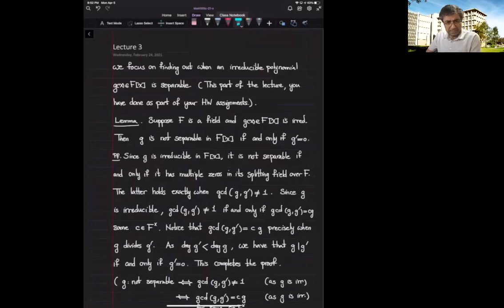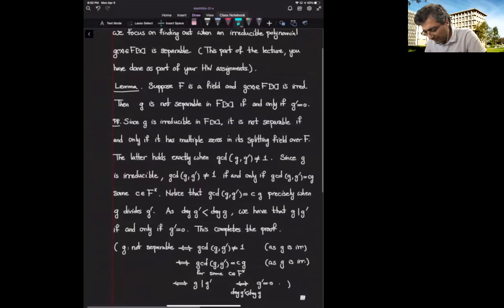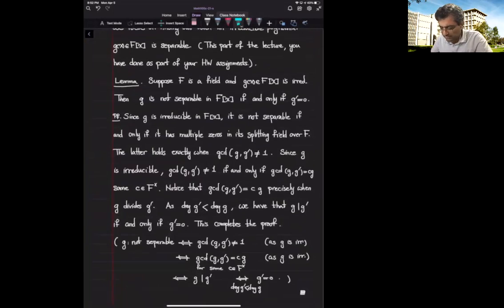And this is a lemma that you have already seen, but let's go over this. So suppose F is a field, and I give you a polynomial g that is irreducible, then this polynomial is not separable in F[x] if and only if its derivative is 0, the zero polynomial. This is quite counterintuitive, because in calculus we have always seen that the derivative of a polynomial has degree only 1 less than g.